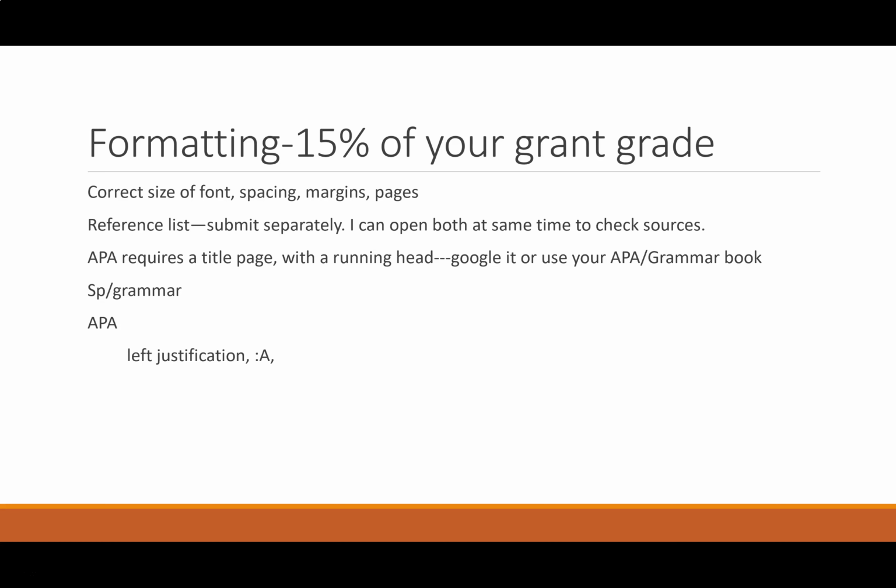Your APA requires a title page. It no longer requires a running head if you're using APA 7. APA 6 does. If you're not sure, Google how to do an APA paper, preferably an APA 7, or you can use 6. I'm fine either way. Just make it consistent. And make sure your spelling and grammar is correct. Make sure your APA is correct.